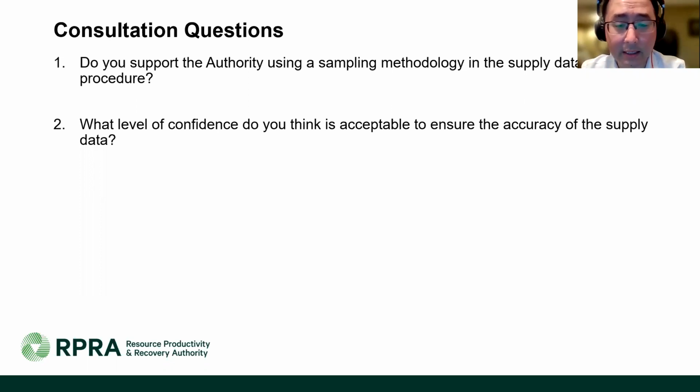When he or she looks at the total population, for example the same example I gave before, 100 invoices making up all the out-of-province sales, your CFO can take a sample from that population and validate that all those obligated products actually went out of province, and we're going to subtract that from our supply data. At the end, your internal qualified person, the CFO, will give a verified report: I've used RPRA's proposed verification procedure, I followed the methodology, and the data looks reasonable and accurate. Hopefully that answered the question.